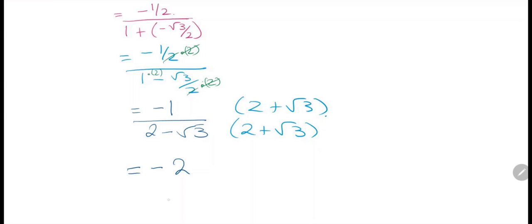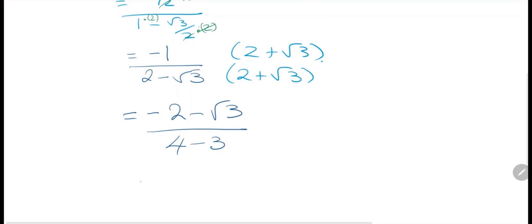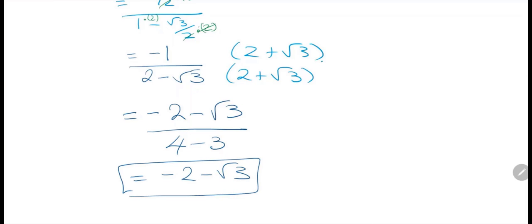Minus 1 times root 3 is minus root 3. And then on the denominator, 2 times 2 is 4. And then minus root 3 times root 3 is minus root 9, which is minus 3. And then this will be minus 2 minus root 3 over 1. So that is the final answer.